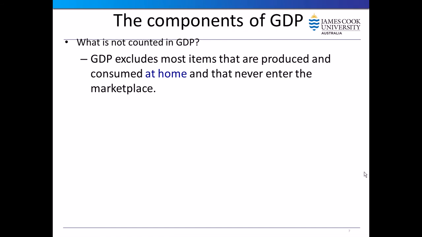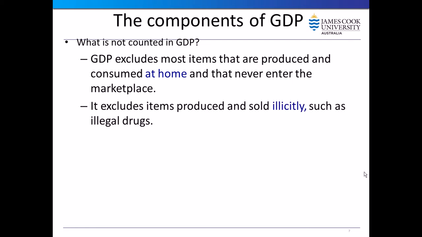For example, if you clean your own house over the weekends, then it does not count towards the GDP. However, if you ask somebody to clean the house for you and you pay them, then this counts towards the GDP. GDP excludes items produced and sold illicitly, such as illegal drugs.